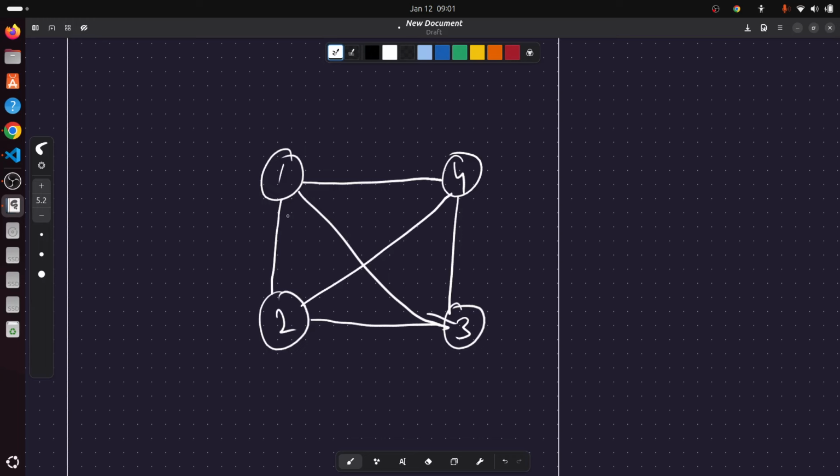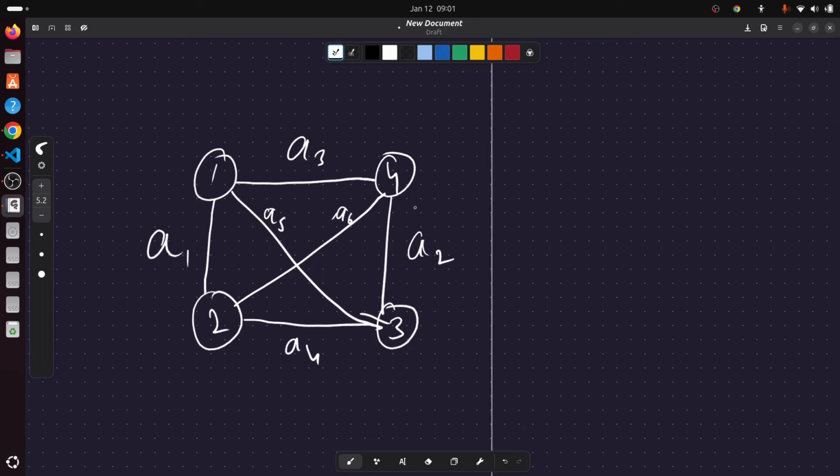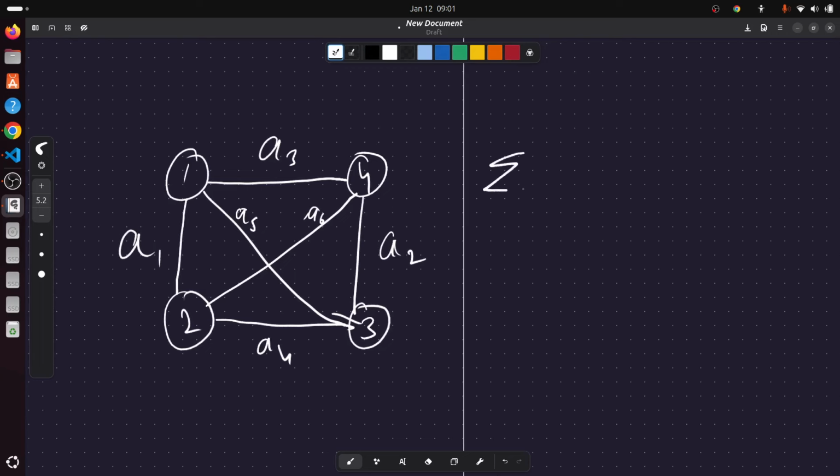So on this graph we have to consider all the graphs such that these edge weights, let's say this edge weight is a1, this is a2, this is a3, this one is a4, this one is a5 and this one is a6. So we have to consider all the graphs such that the summation from i equal to 1 to 6 of ai should be equal to k, right?